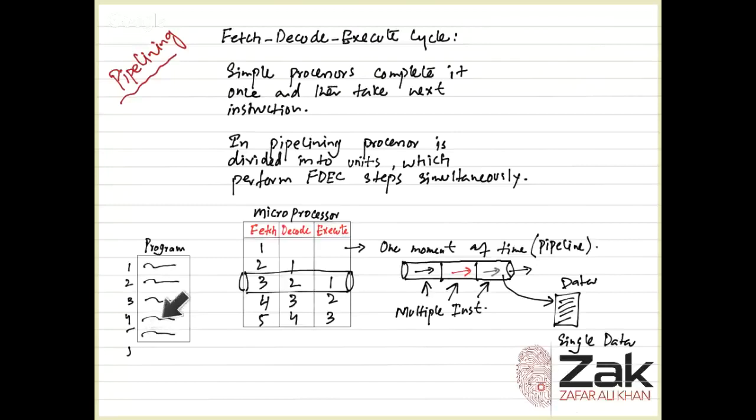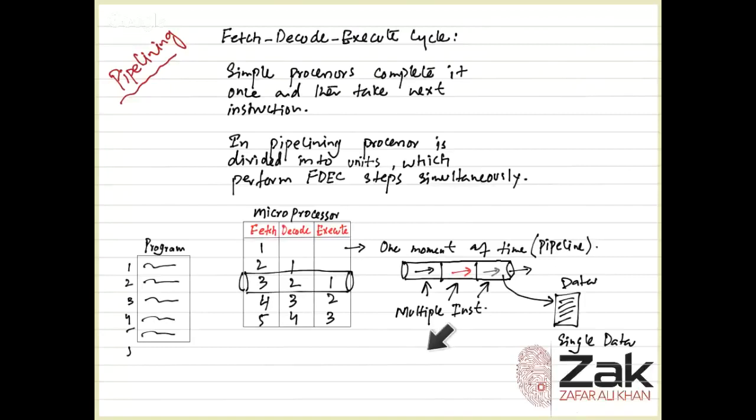When instruction number 4 is being executed, it would have 5 being decoded, 6 being fetched.